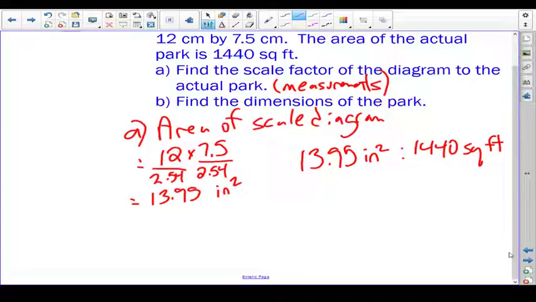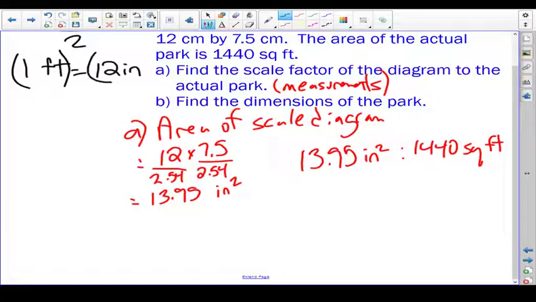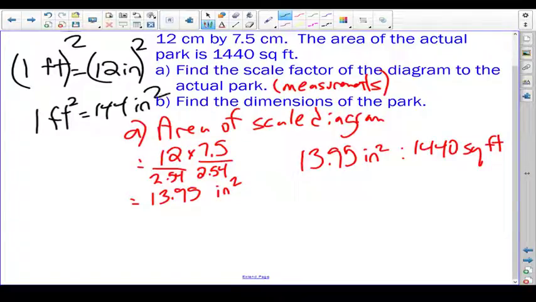Okay, but it's not as easy as you might think, because 1 foot is how many inches? 12, and that's pretty straightforward. But if we have a square foot, that is actually 144 square inches.